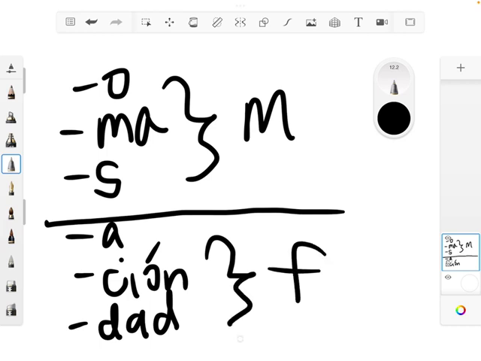And F is for feminine. Now they make sure to tell you most because sometimes there are exceptions, but this is the rule. So if you go with this rule and you see these, you can be pretty sure that you'll be able to guess the grammatical gender correctly, almost all the time. Now do notice here that the A ending is feminine, but MA is masculine. So you want to pay attention to that, okay?